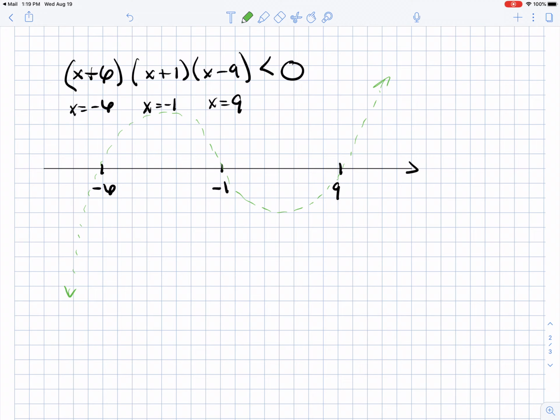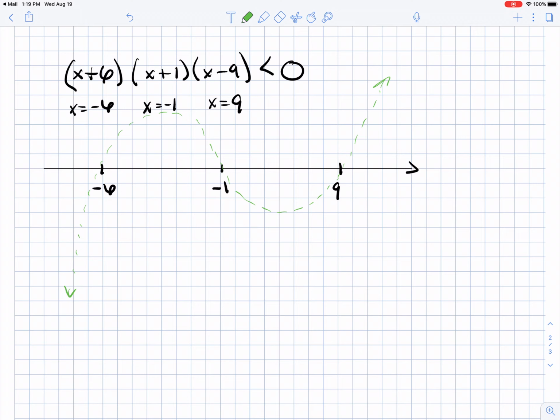The question is, when is the graph below the x-axis? We anticipate to the left of negative 6 and between negative 1 and 9. But you don't need to know this to solve it.